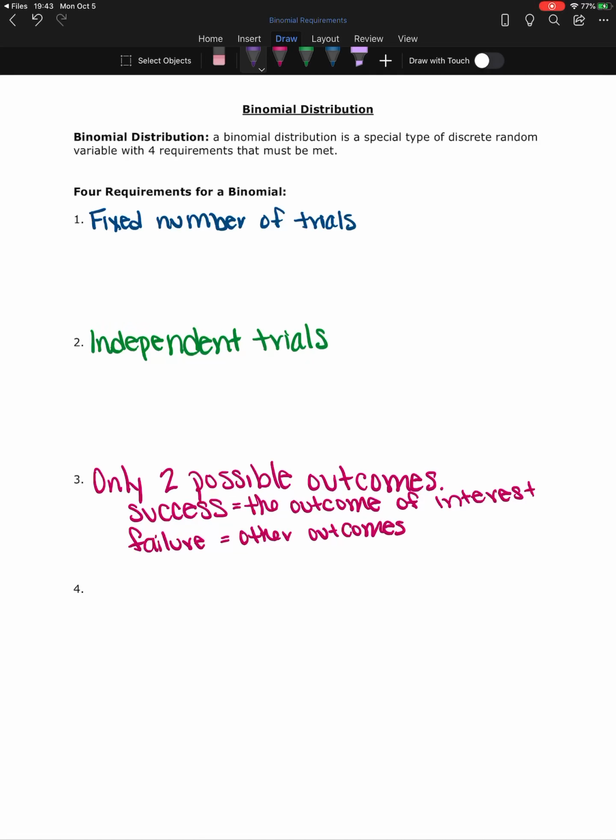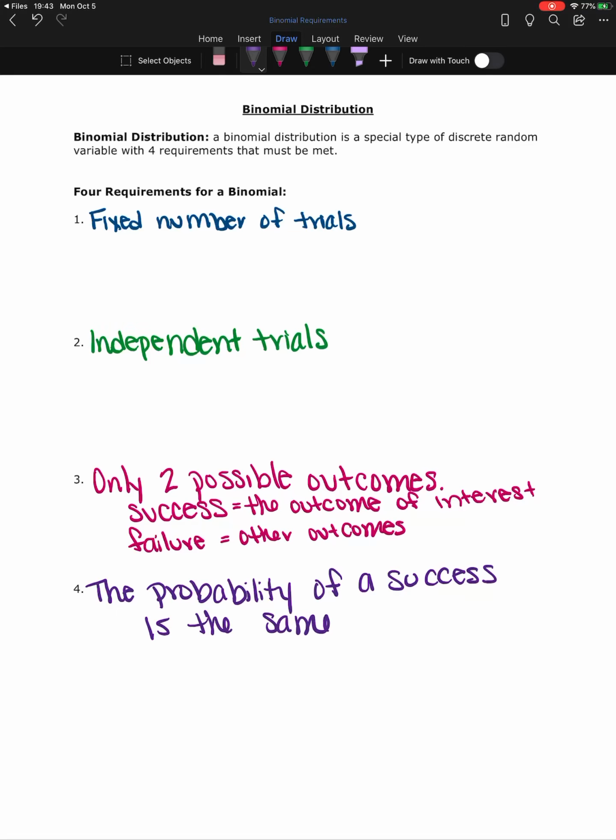And then the last thing is that the probability of a success is the same for each trial.